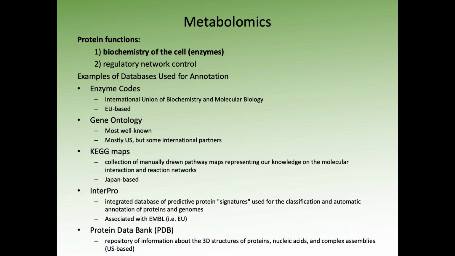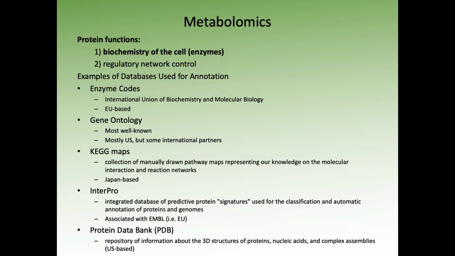In this case, there's been quite a bit of effort to generate databases that are used for annotation, for establishing additional information about function and purpose and biological activities associated with various types of chemical reactions or other sorts of activities.